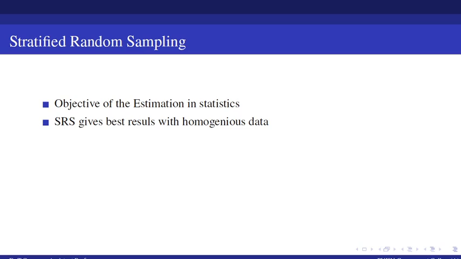Moreover, the variance of the sample mean not only depends on the sample size and sampling fraction, but also on the population variance. In order to increase the precision of an estimator, we need to use a sampling scheme which can reduce the heterogeneity or variability in the population.